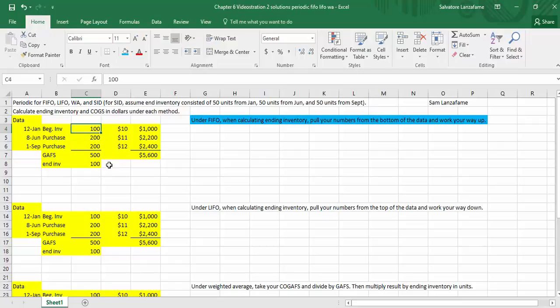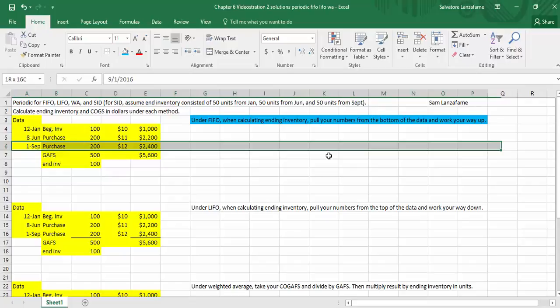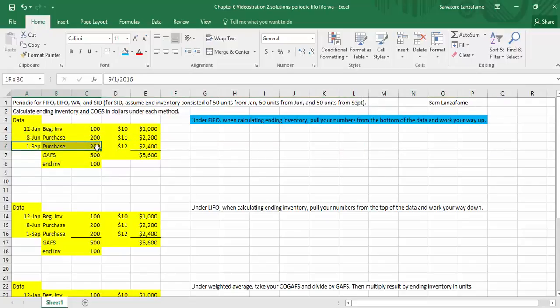So we need to account for 100 units. So if there's 100 left, they must have come from the September 1st purchase. If you can see that we had 200 there, and we want to take those first.